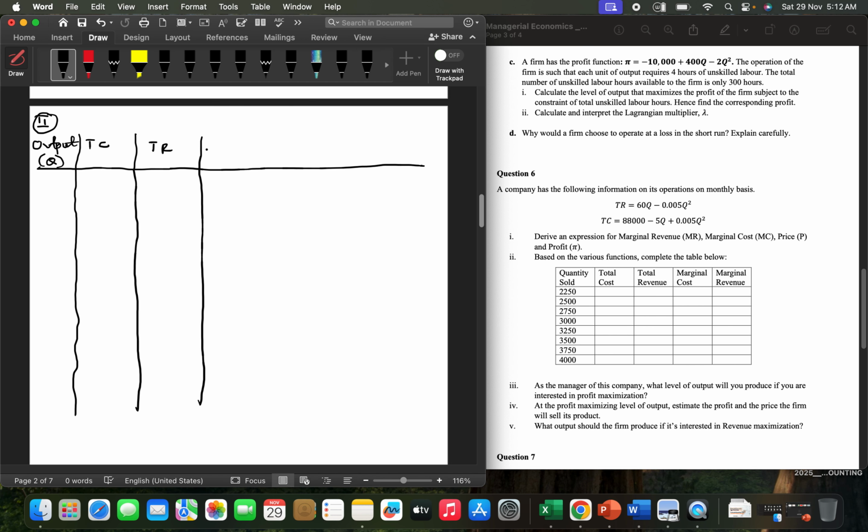We're also given marginal revenue. We're also given marginal cost in the question.